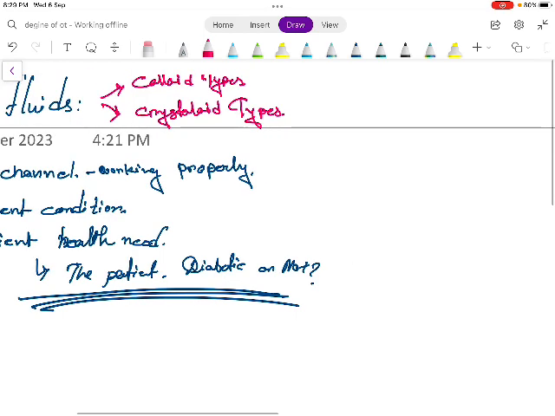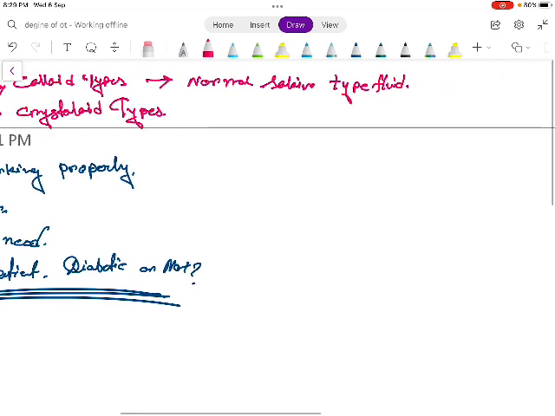So what is the colloid type? This is the normal saline type fluid. And what is the crystalloid type? This is a jelly type fluid, right?